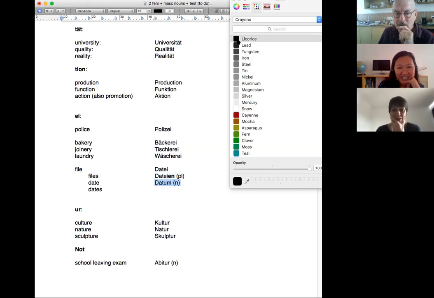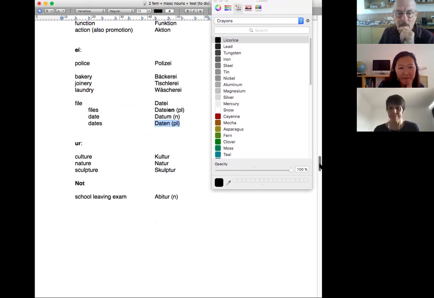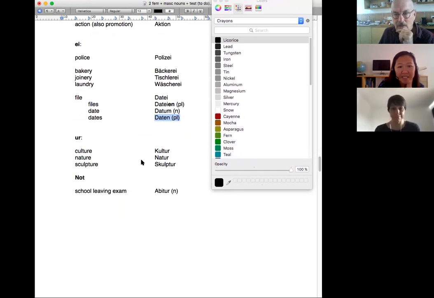Das Datum, and dates. Daten. Now we just have to find out what dates are that you eat. Dates that you eat, but I can't remember what it is.